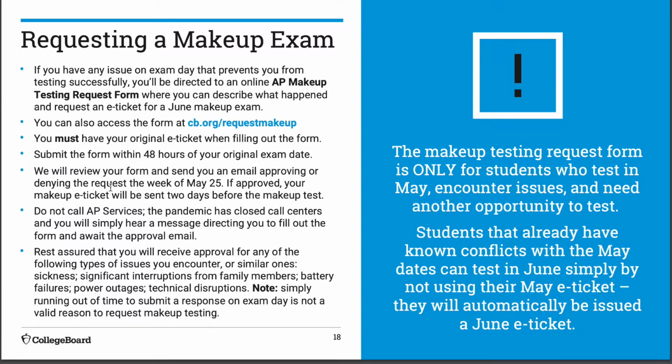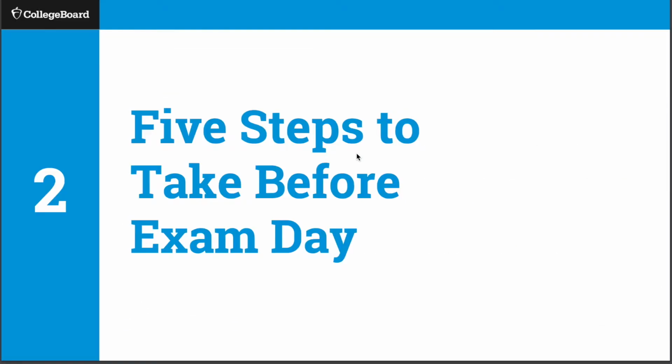If you missed the May one, you have to submit a form within 2 days to say, hey, I missed the exam and I want to make it up in June. Okay, so that's what it is. And then I think somewhere it says if you miss the June one, it's over and you don't get to retake it. So keep that in mind too. So if you miss that May one, within 48 hours, submit this form, and then they'll give you your June e-ticket. Okay? Right before you take the exam.